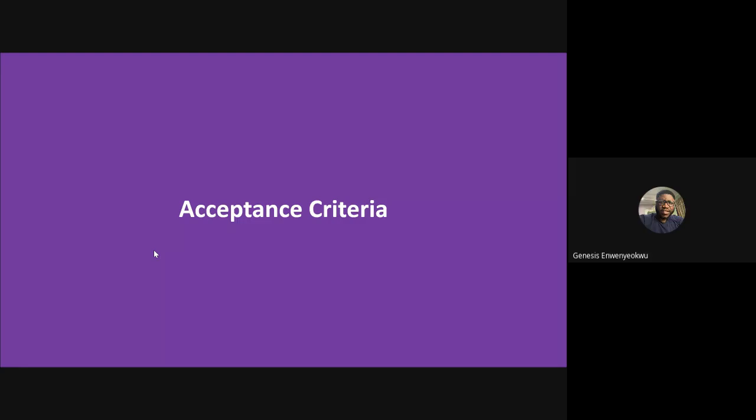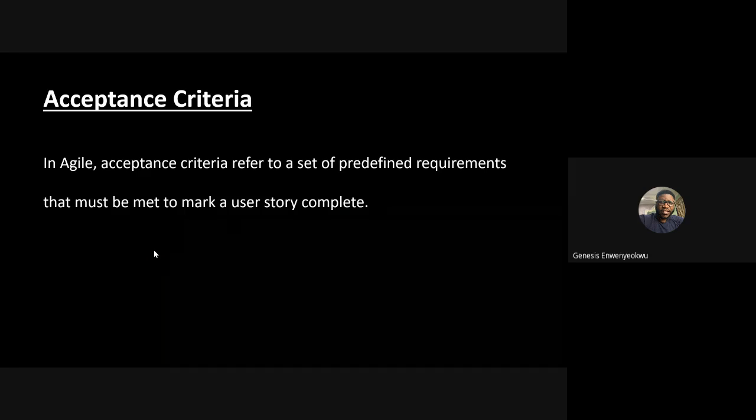All right, thanks. So let's take a look at acceptance criteria. As the name goes, acceptance criteria is the list of criteria that needs to be met before we can accept that particular feature. What are the criteria that we need to satisfy in order to say this feature we are building is acceptable?